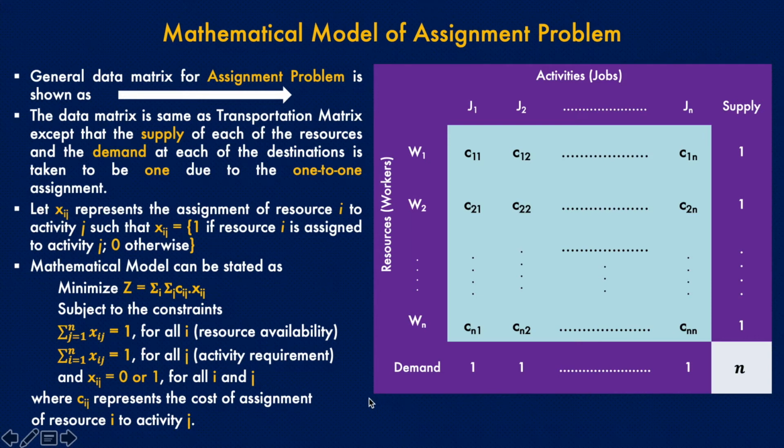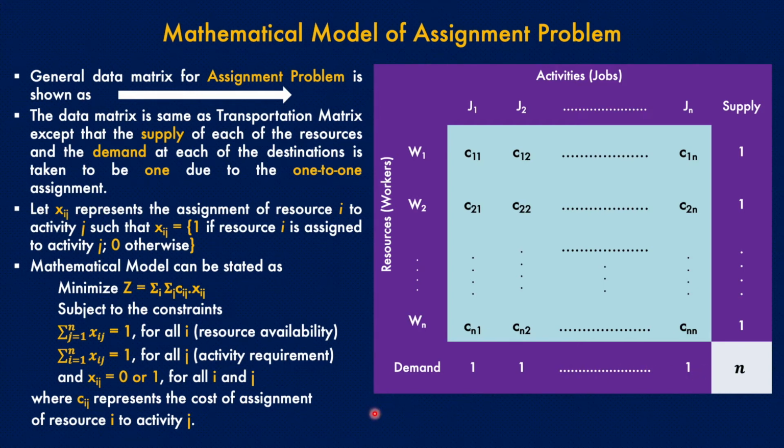That's why the data matrix is the same as the transportation matrix, except that the supply of each of the resources and the demand at each of the destinations is taken to be 1 due to the one-to-one assignment. We have seen in the transportation model, this is the supply side and the demand side, we will have different numbers, but in this case that won't be applicable.